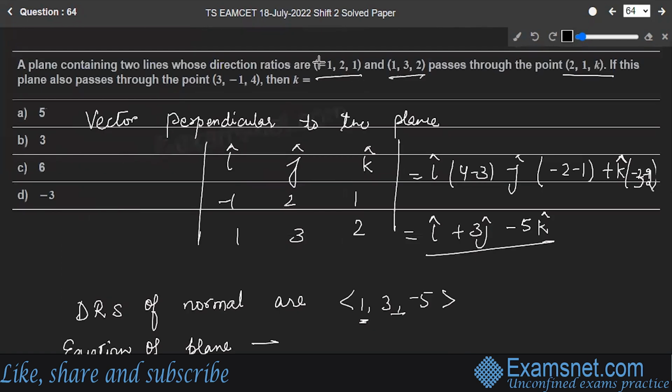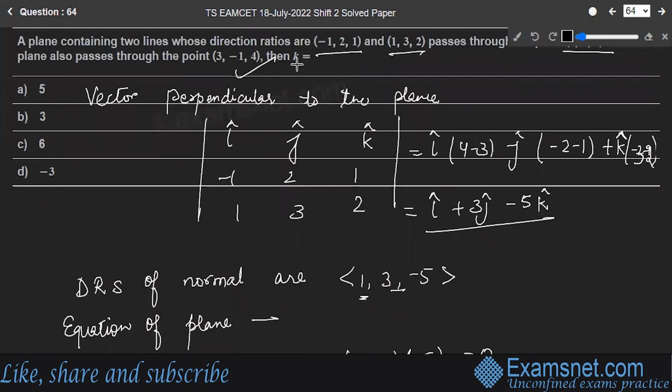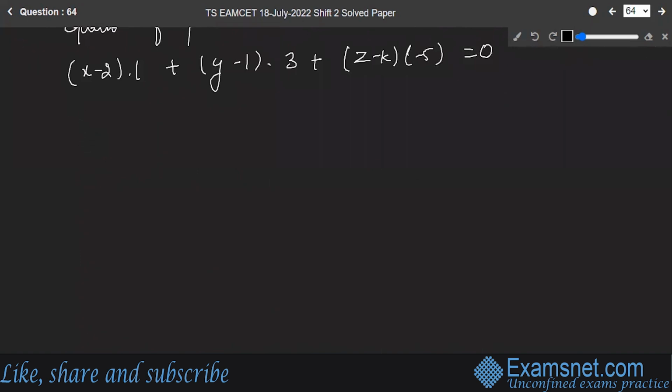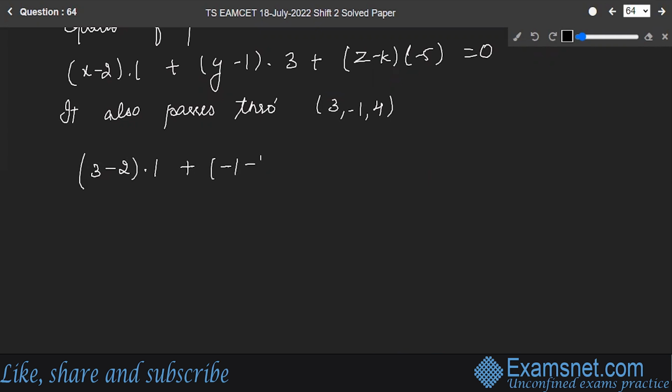Now it's given that this also passes through the point (3, minus 1, 4), which will give you (3 minus 2) into 1 plus (minus 1 minus 1) into 3 plus (4 minus k) into minus 5 is equal to 0.